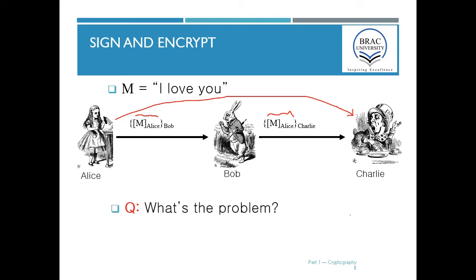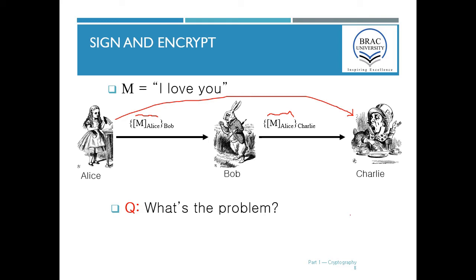So what is the problem? Charlie thinks that Alice is in love with him, but that is actually not the case.